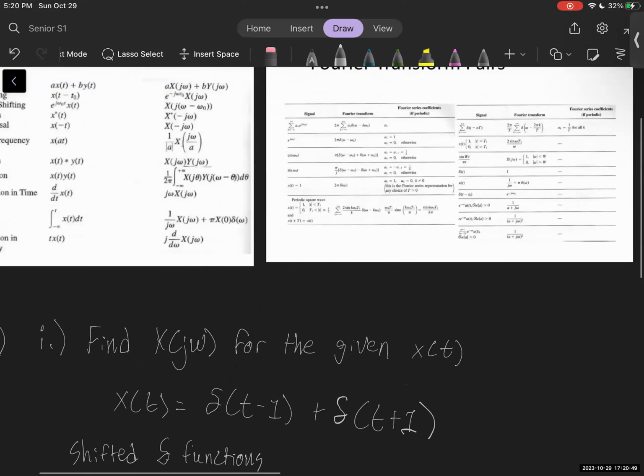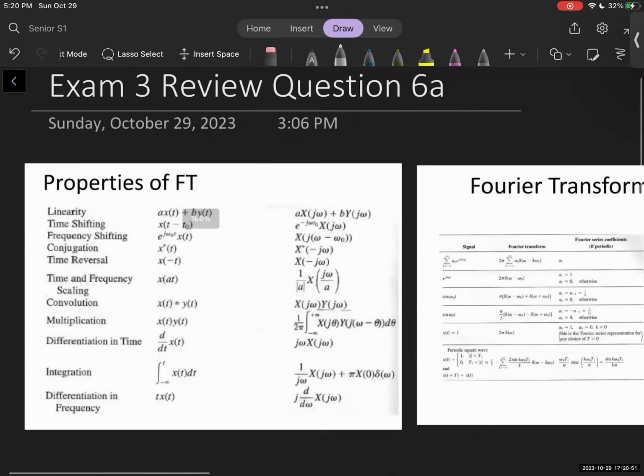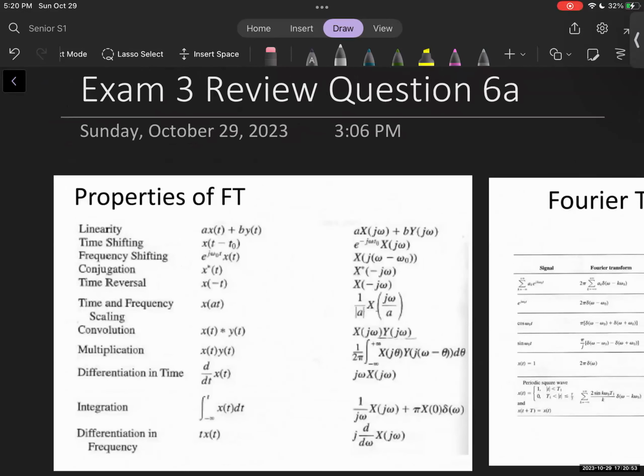Now we can go to the properties table and see when we time shift a time signal, it corresponds to a frequency shift in the frequency domain, which is the e to the minus j omega t naught times X of j omega.